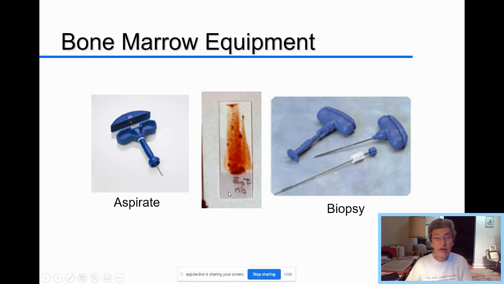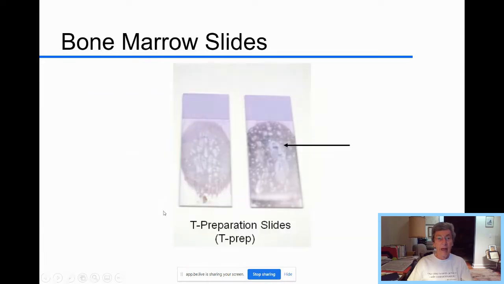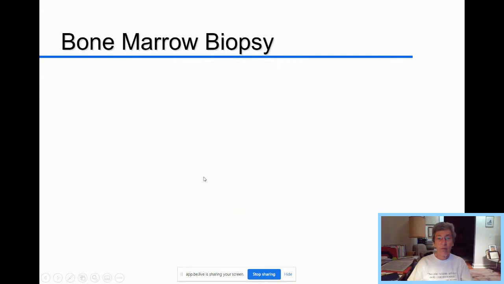And this is a really old slide, which is too thick, but it shows that the aspirate in the needle is put on the slide and then smeared out to look at under the microscope. These are slides that show how preparations can be made. These are not yet stained.